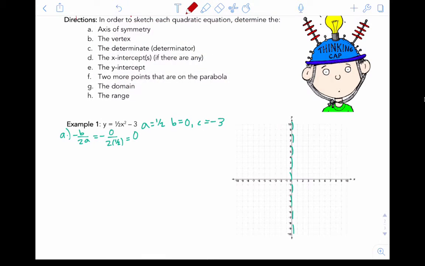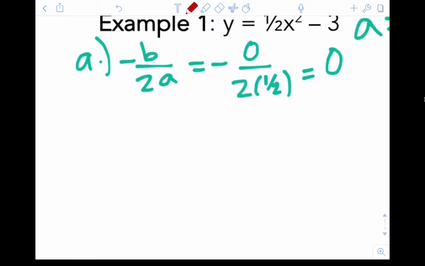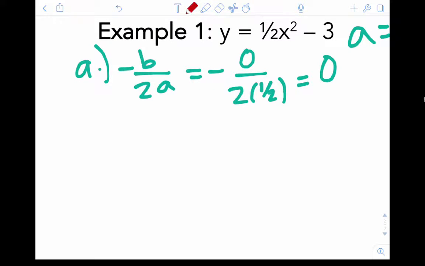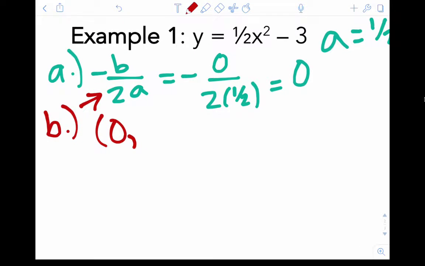The next thing I need to do is figure out my vertex. Well, I find out the x value of the vertex by using the -b over 2a. So I already know that the x value is 0, but that the vertex is a point. So I need to figure out what the y value is. So what I'm going to do is I'm going to plug in 0 for x to figure out what y is.